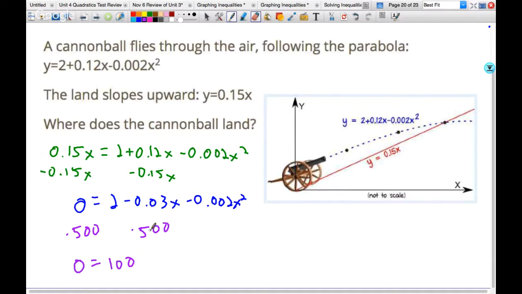Or, 1,000 minus 15x plus, or let's make that a negative 500. So negative 1,000 plus 15x plus 1x squared.